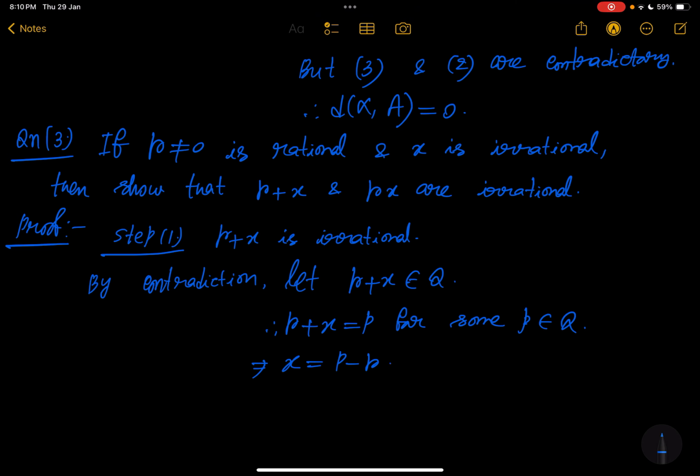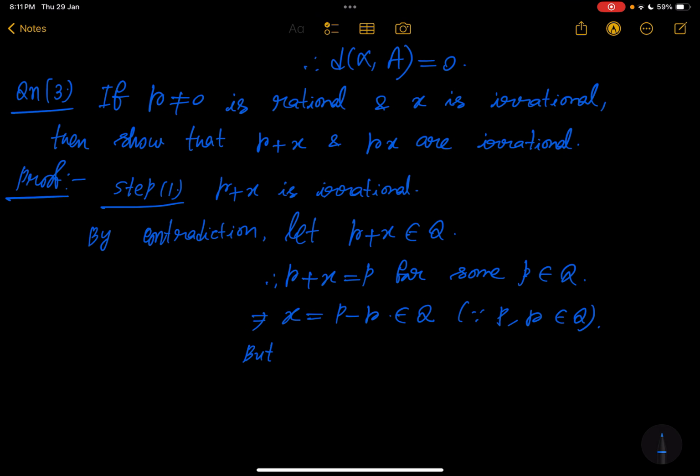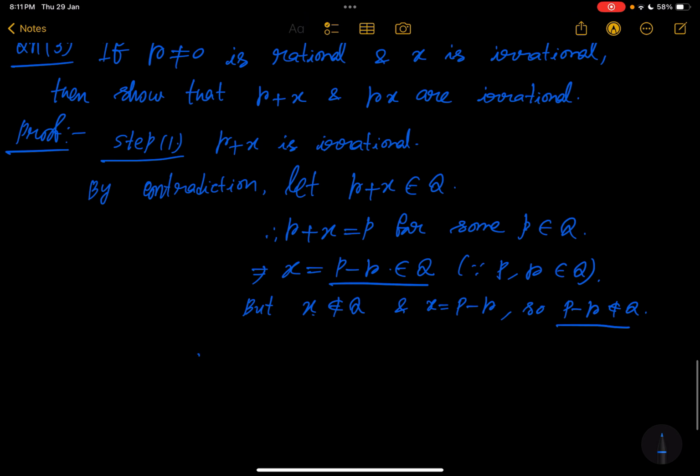Now p is rational, r is rational, so this belongs to Q, since p and r both are rational, but x is irrational, and x equals p minus r, so we get p minus r is not irrational. So this and this contradict each other, so r plus x does not belong to Q, right? So basically our assumption is wrong, so it has to be an irrational number. Okay.